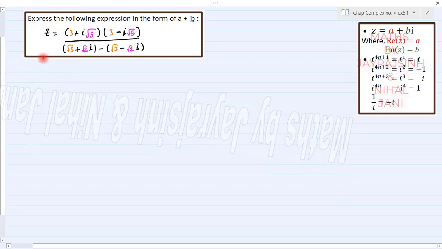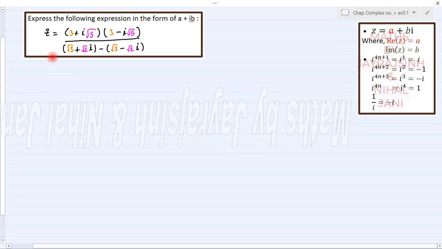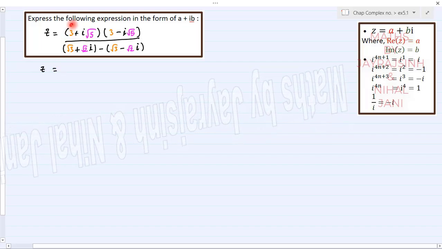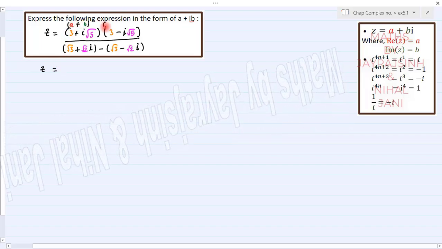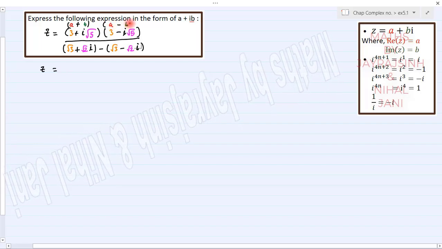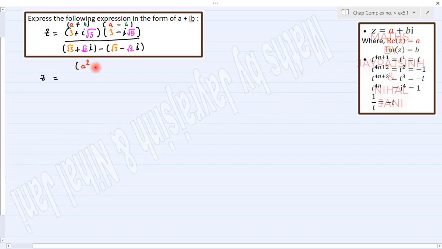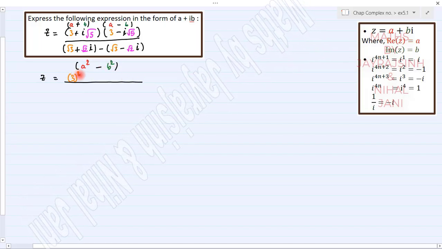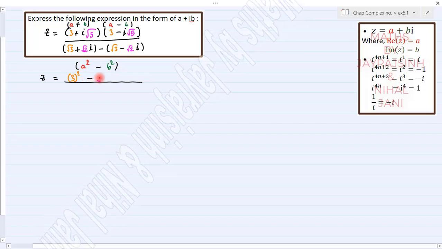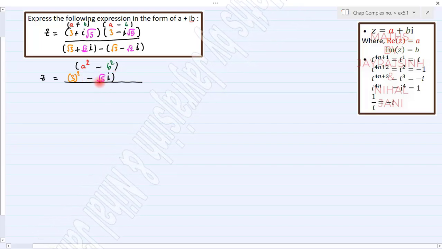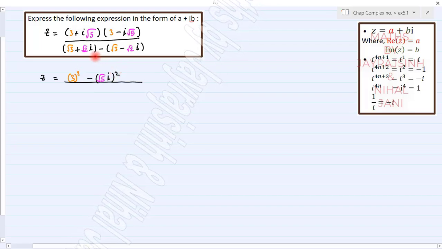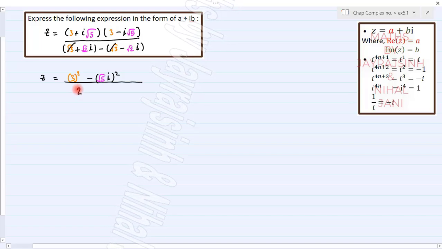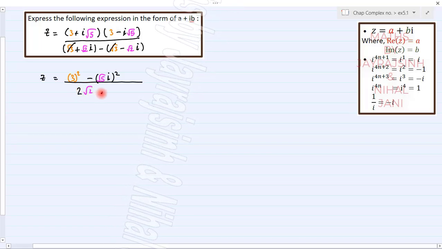Here we have to simplify our complex number in the form of a + bi. So let's talk about the numerator. In the numerator we have a + b into a minus b form, which will become a square minus b square. So we will get 3 square minus (root 5 i) whole square. And in the denominator, root 3 will cancel out and we will get 2 times root 2 i.